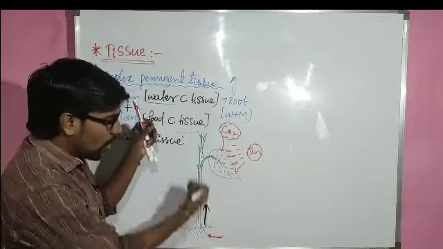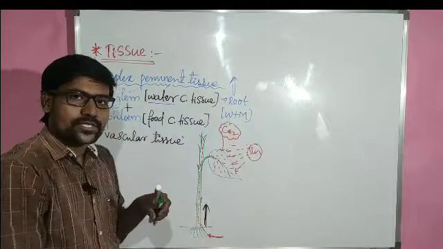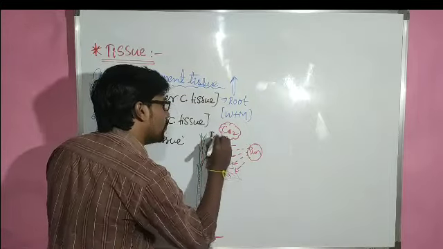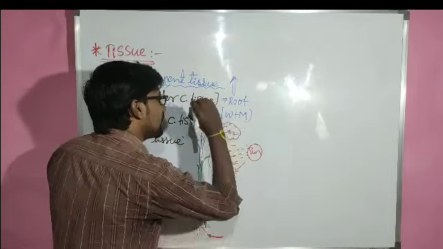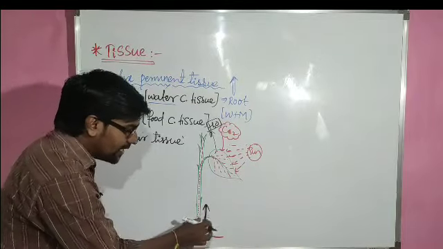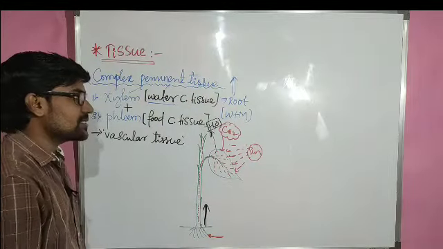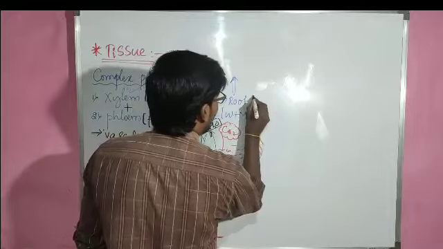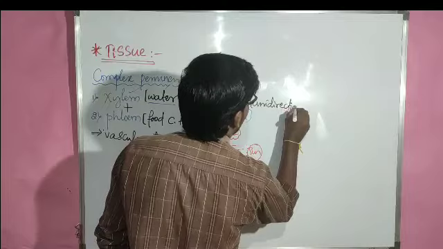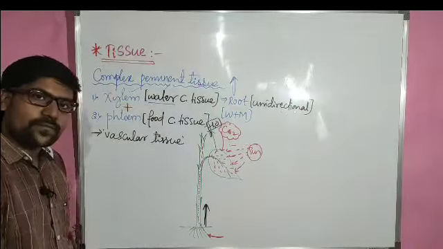It will move outside in the form of transpiration. It will not come downside again. So what it indicates is that xylem movement, that is movement of water, is always in one direction, upward, that means unidirectional. Xylem movement is unidirectional.